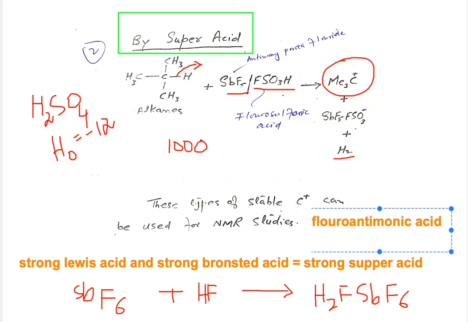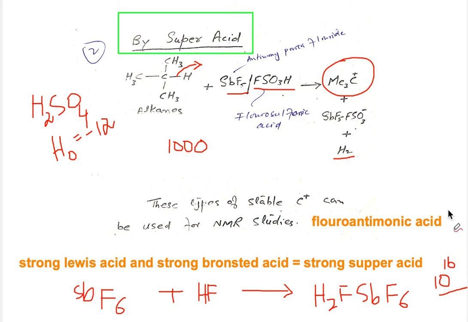Fluoroantimonic acid is 10 raised to power 16 times greater than pure sulfuric acid. How big it is, how strong it is. Sulfuric acid, we know, is a very strong mineral acid, but fluoroantimonic acid is 10 raised to power 16 times stronger than pure sulfuric acid.